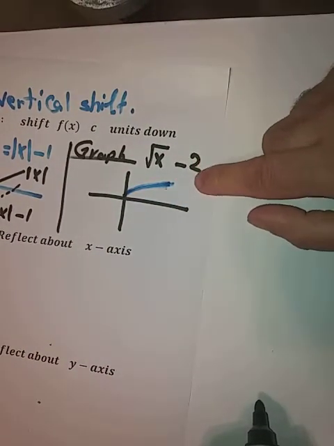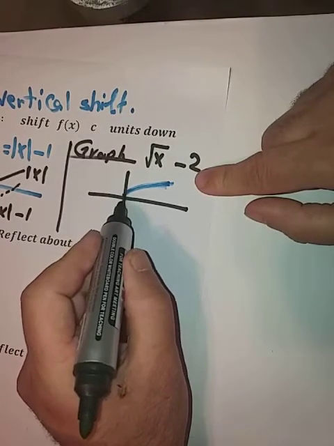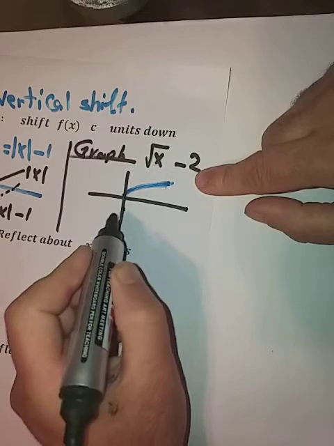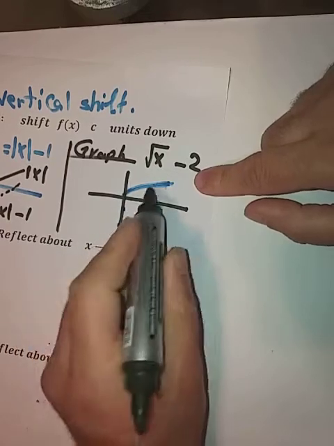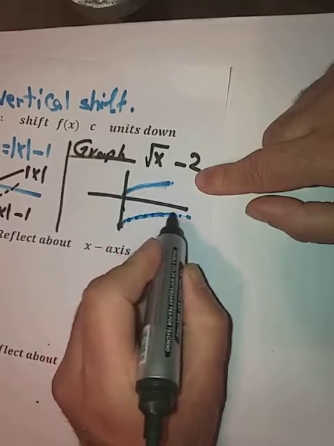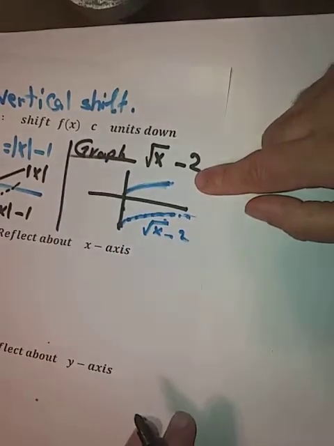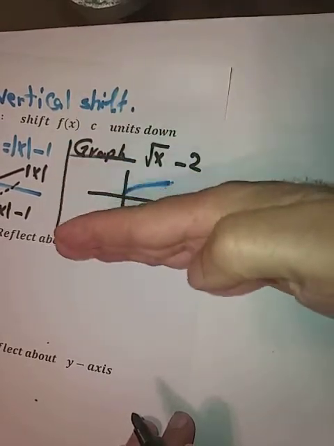Minus 2, 2 units, we go down from this point. 1, 2. Then a graph. This is the graph of radical x minus 2, 2 units down.